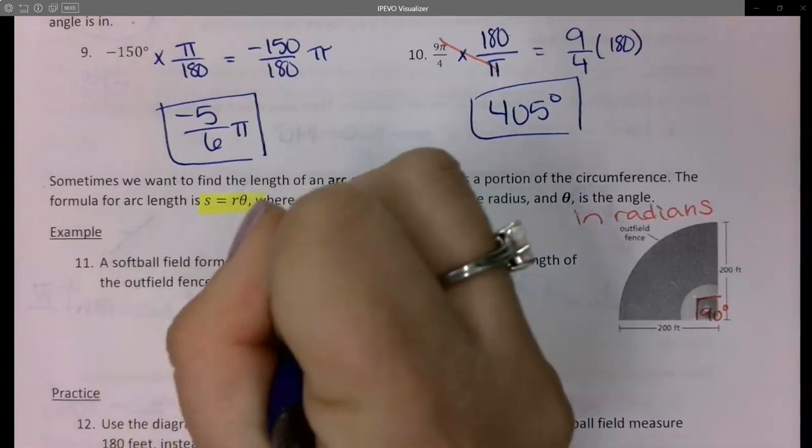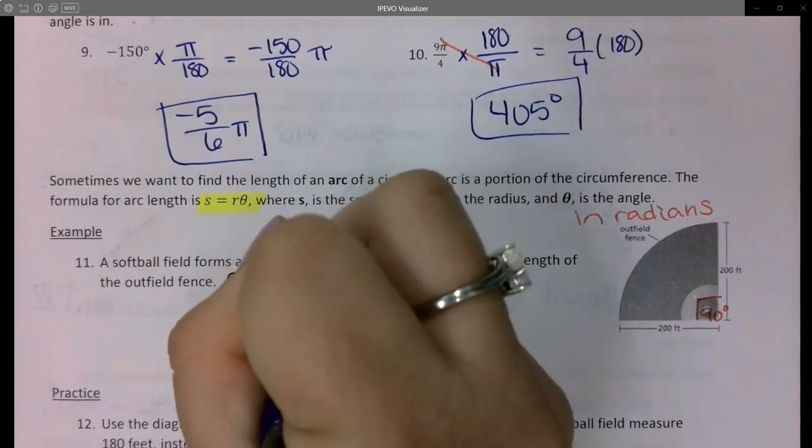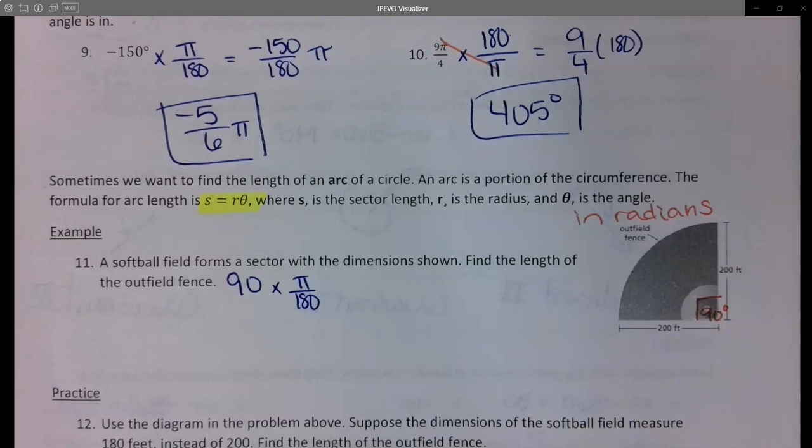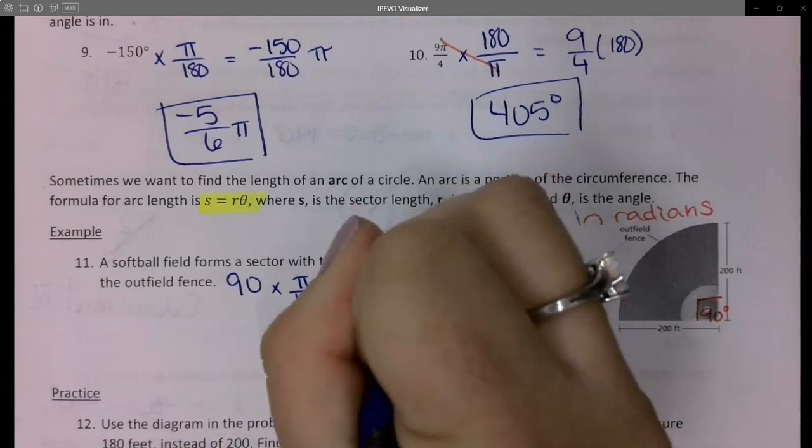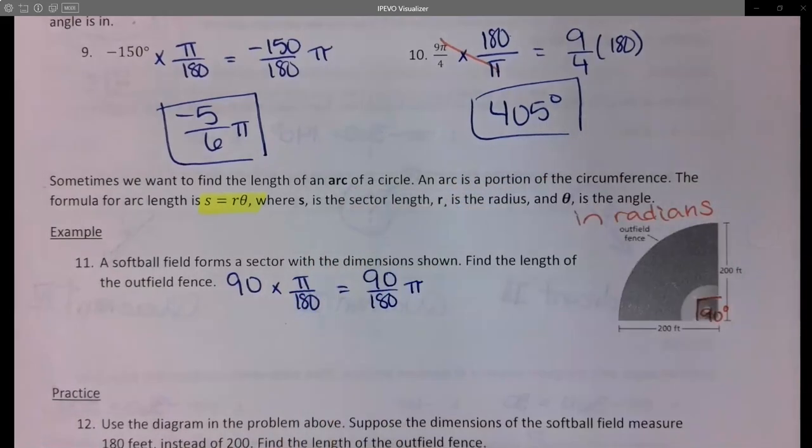So I'm going to take the 90 times pi over 180. Then I can rewrite this as 90 over 180 pi.